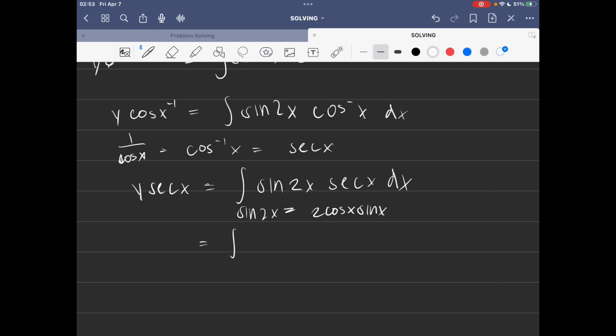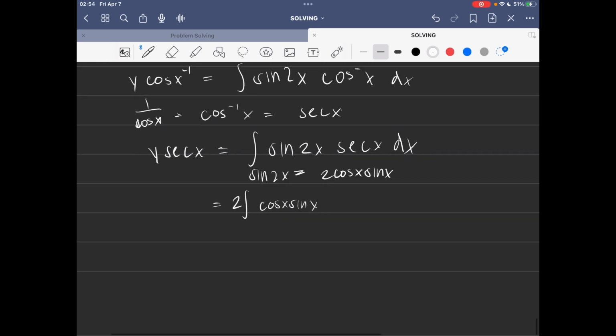Let's take out 2, we'll have 2 integral of cos x sine x, then secant is 1 over cos x, so let's use that, dx.